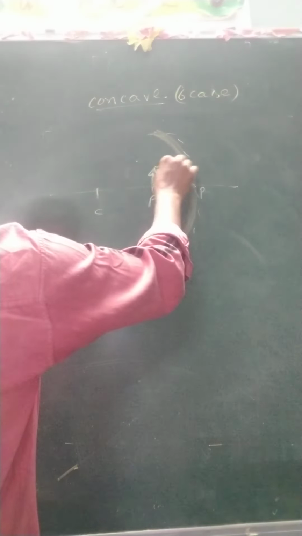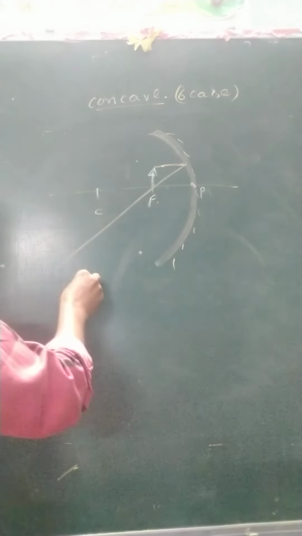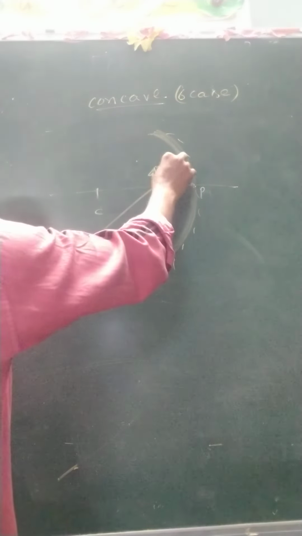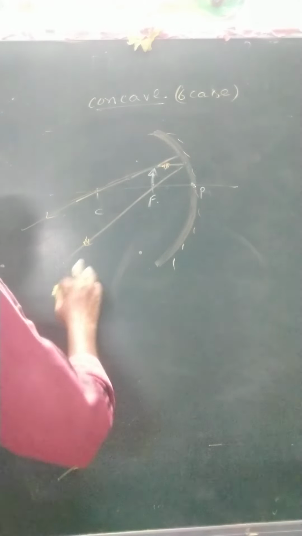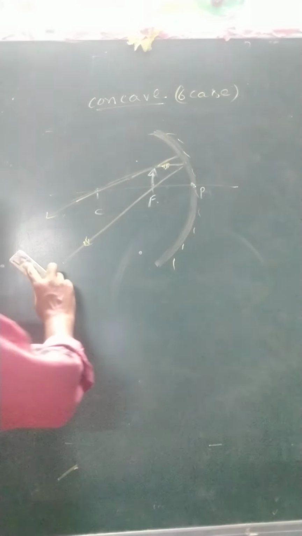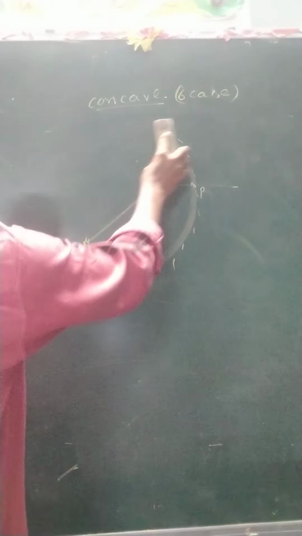A ray parallel to the principal axis, after reflection, passes through the focus. Another ray which you have to consider is passing through the tip of the object. These two are parallel rays. The image never forms, or we can't characterize its characteristics.